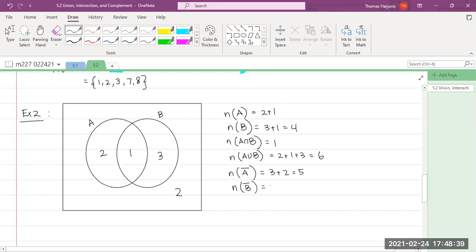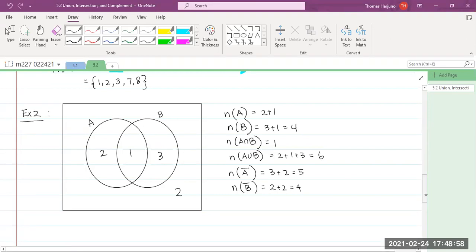Outside of B will be 4, coming from 2 plus 2. Yeah, these 2 plus these 2 outside of B, right? So there are 4 elements outside of B. That's right. Okay. Now, before I go on with more complicated examples, I want to emphasize the difference.